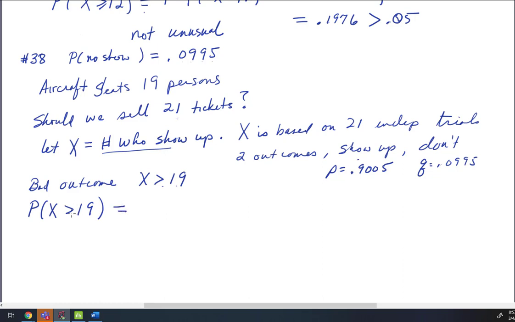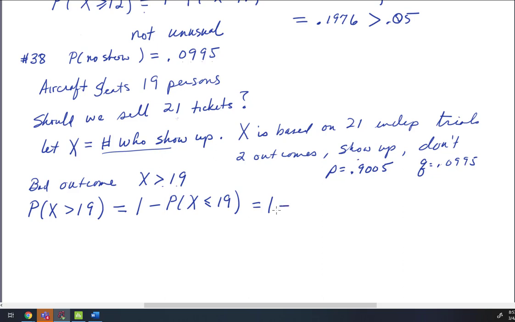Well, it's cumbersome to calculate greater than 19, but it's easy to calculate the probability that X, now what's the complement of greater than 19? Less than or equal to 19? So the probability that X is greater than 19 is 1 minus the probability X is less than or equal to 19.